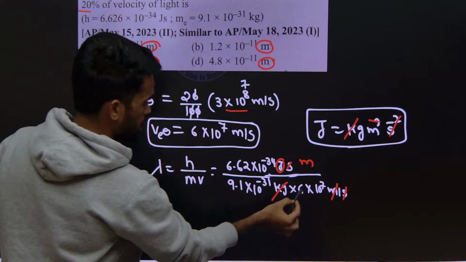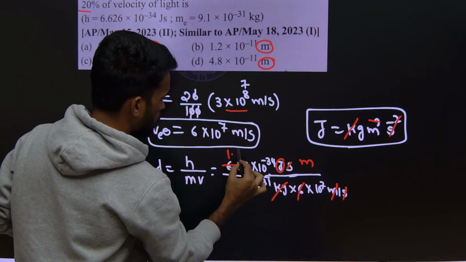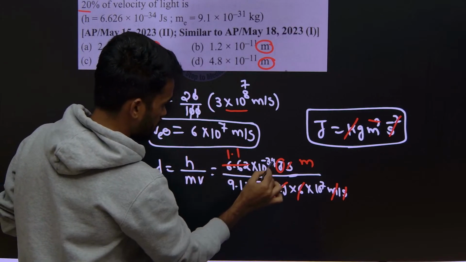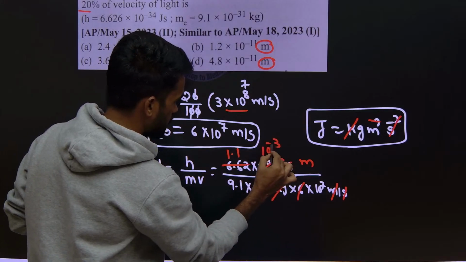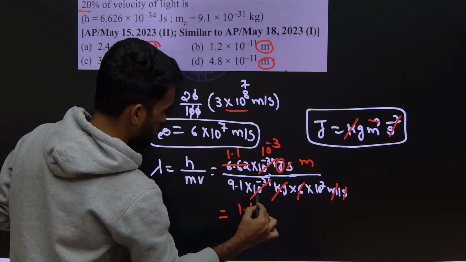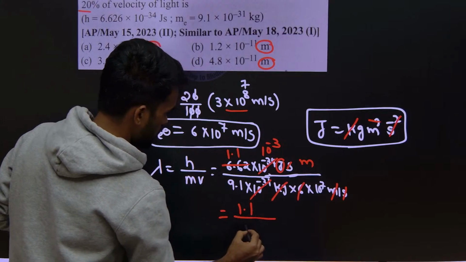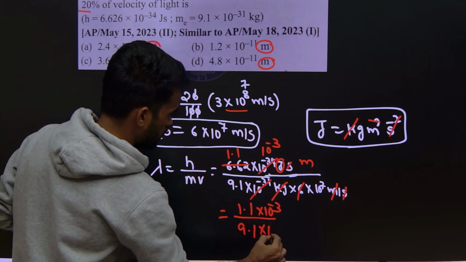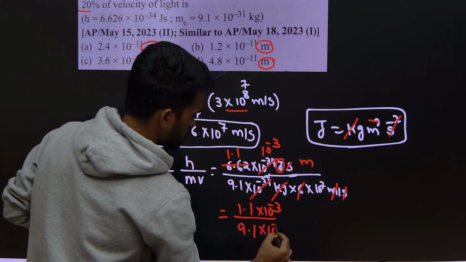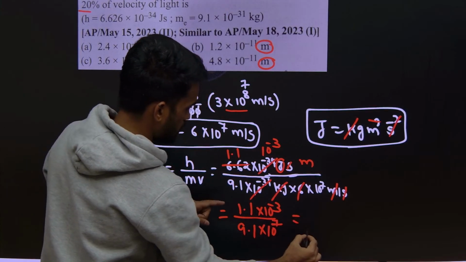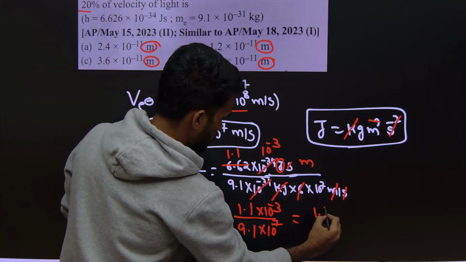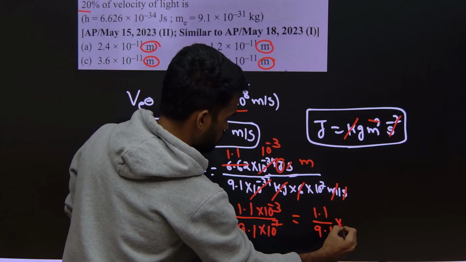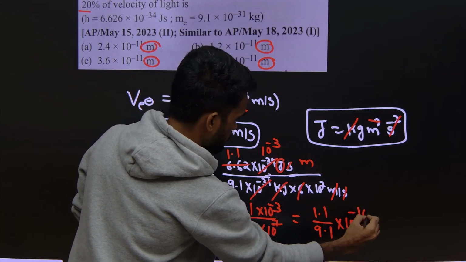So this I can write 6.62 by 6 is 1.1, and the next this will be 10 power minus 3. So we got 1.1 by 9.1 into 10 power 7, so this can be written as 1.1 by 9.1 into 10 power minus 10.